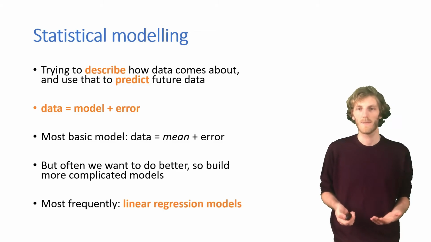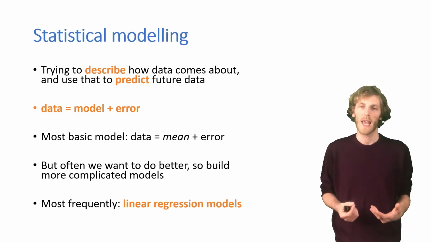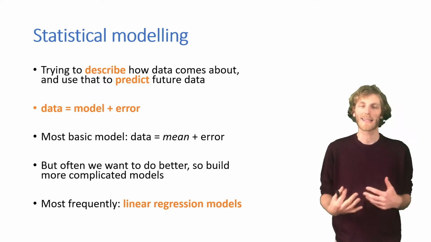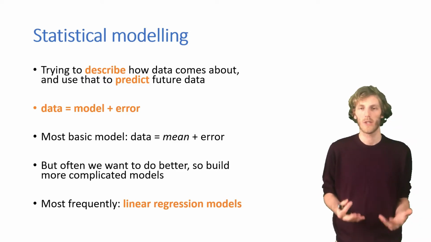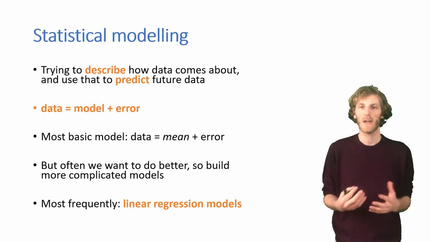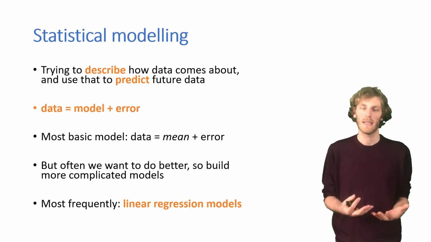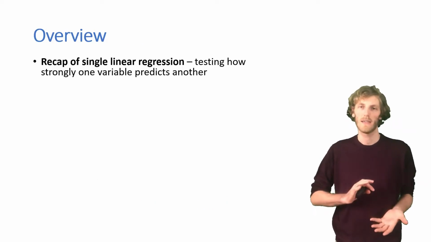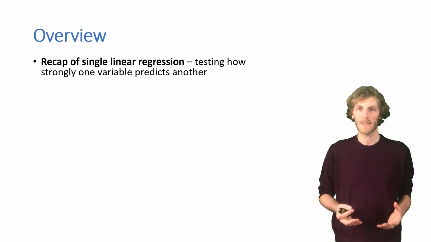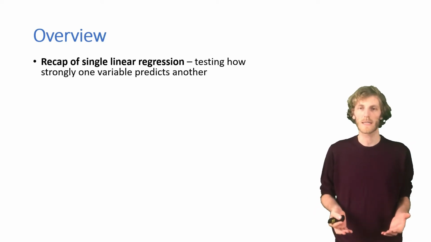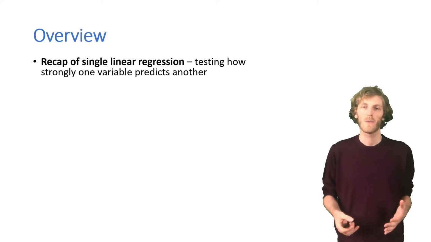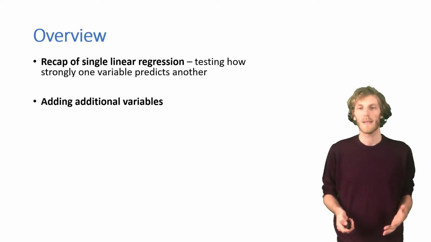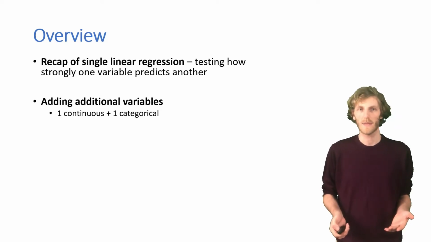Multiple linear regression is a really good method to add many different variables to a model and see how they together shape a certain outcome.